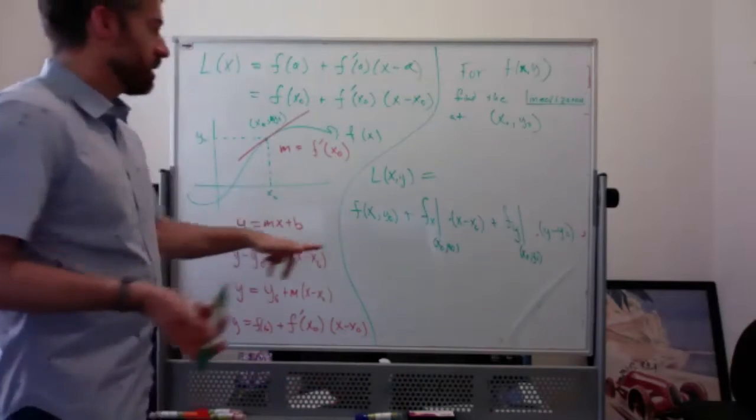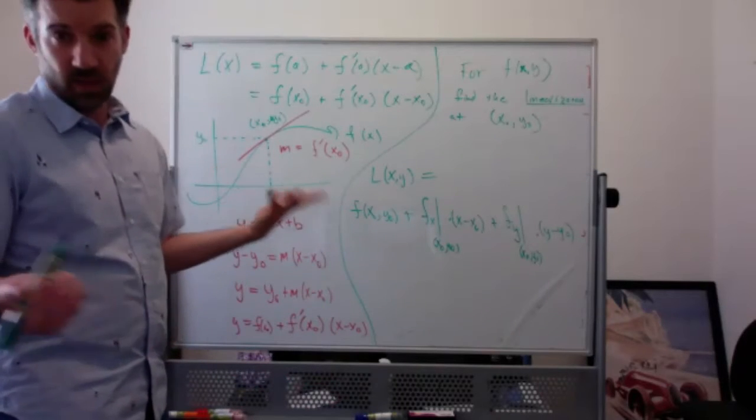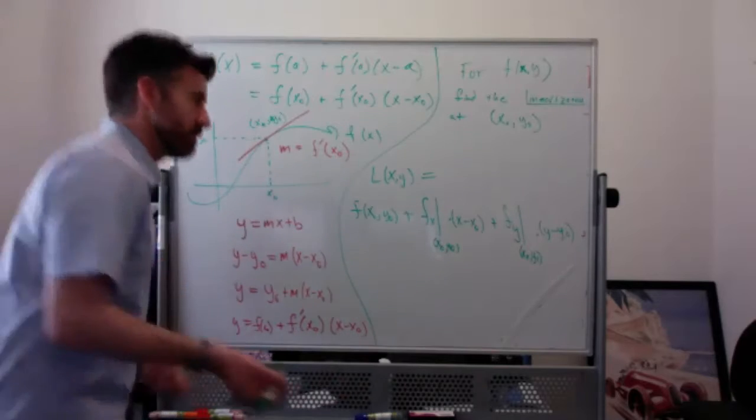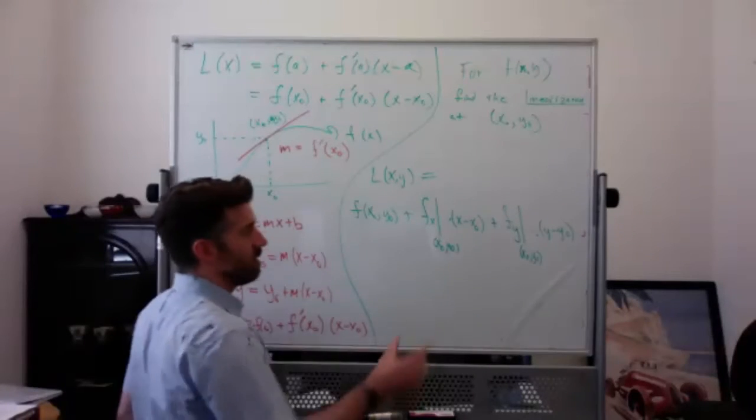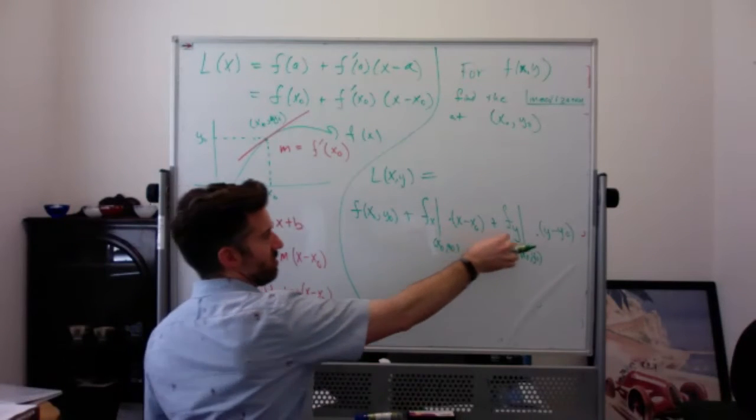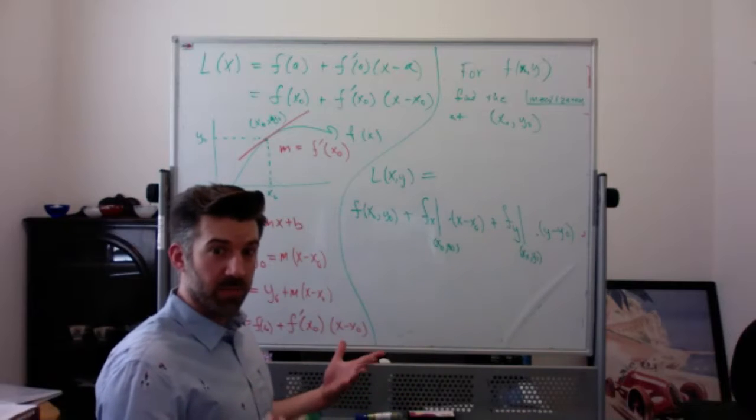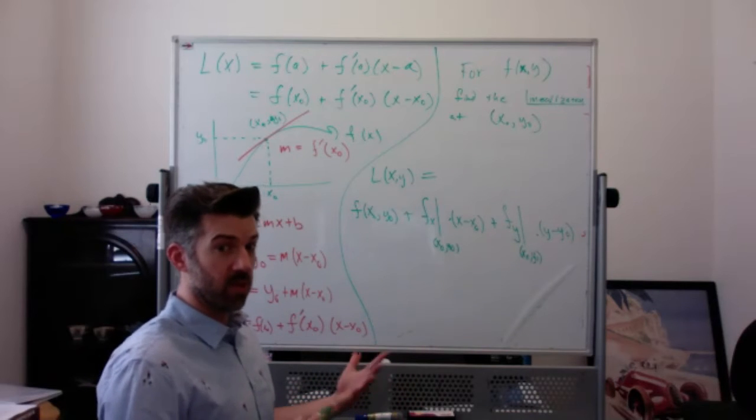Whatever. He said there's a nicer way to write this, and there is, or a more compact way to write this. Notice the partial with respect to x and the partial with respect to y, those are the components of the derivative that is the gradient.